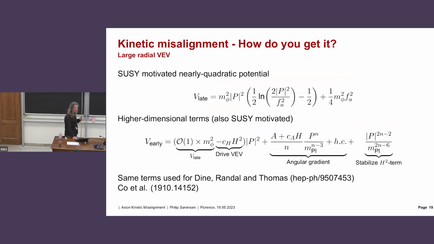It's comparable to Hubble, because you get a roughly slightly elliptical orbit, which means that the angular velocity is comparable to m_phi. And at this time they transition at the time of Hubble, so they are of a similar order. Okay, I have to speed up.